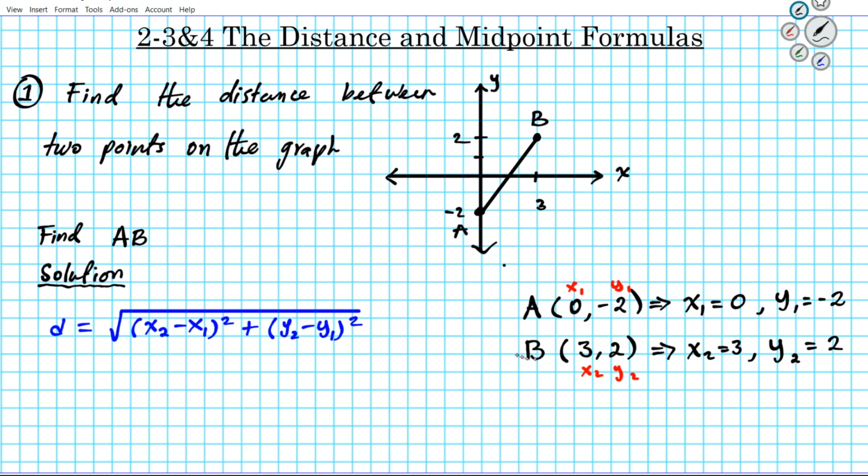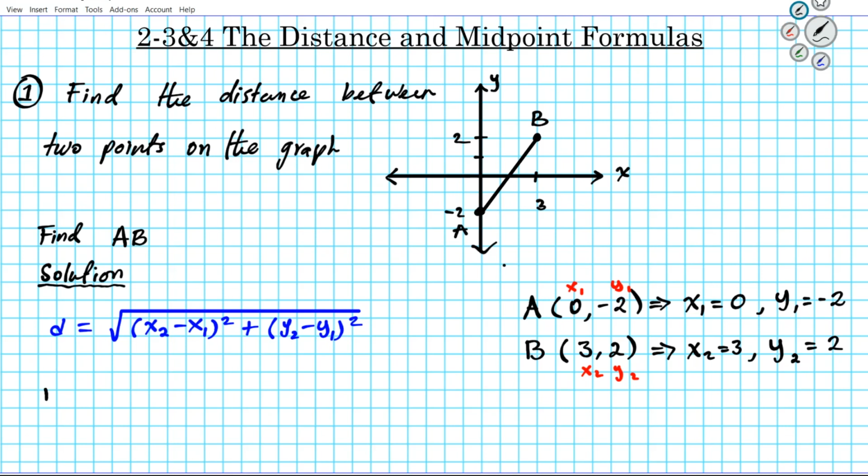We're going to go ahead and substitute these values into the distance formula, and then we'll be able to compute what the answer is. Okay, so let's go ahead and do it. So the distance in this case is basically AB, all right?